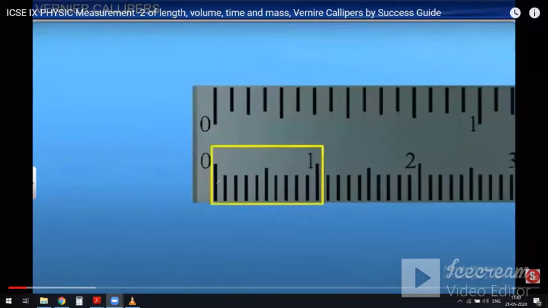The small division value is 1 mm, whereas from here to here the total distance is 1 centimeter. This total distance is 1 centimeter, but the small division is only 1 mm. Clear? Let's continue further now.